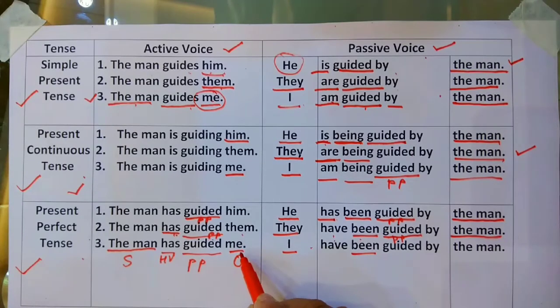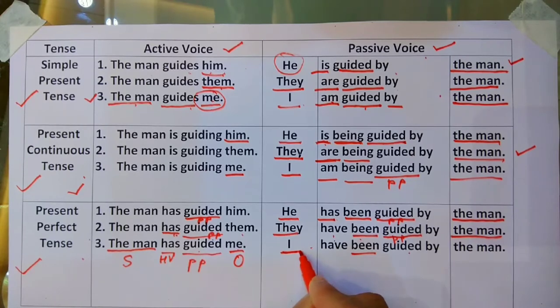What is the object in the active voice? Me. So this is objective case. While converting this active voice into passive voice, we have to transform this objective case into nominative case of the pronoun.